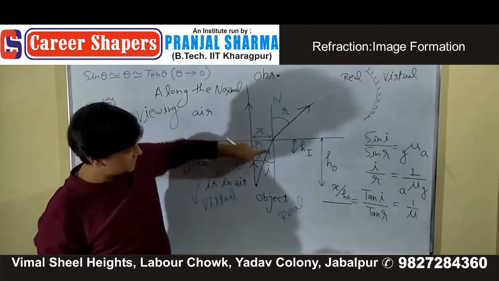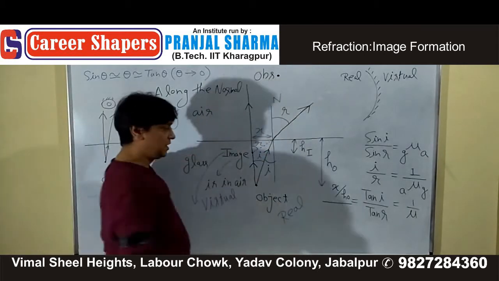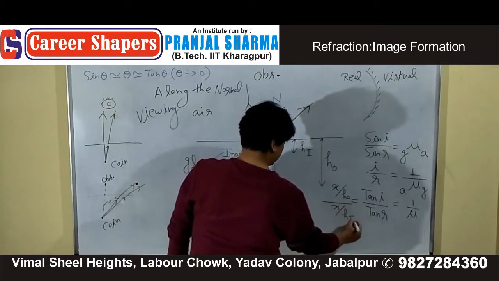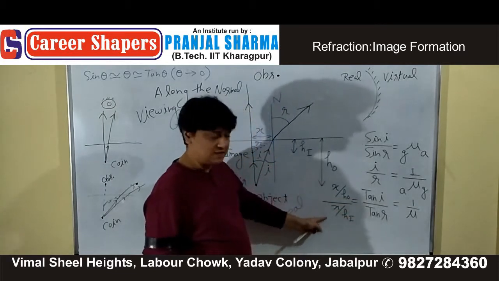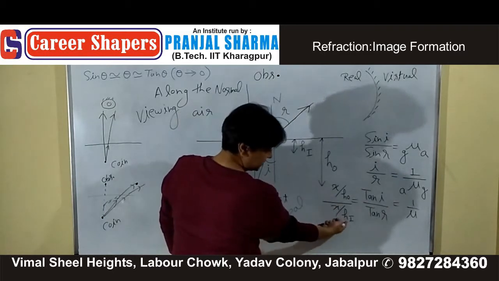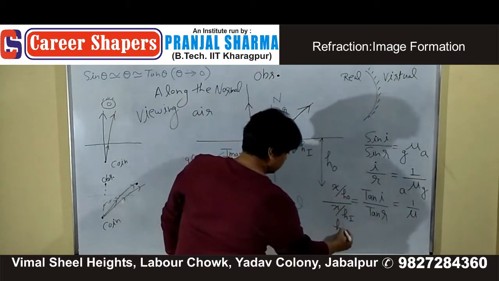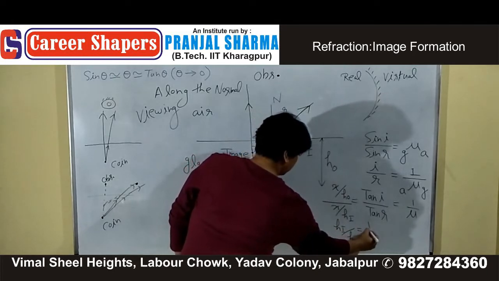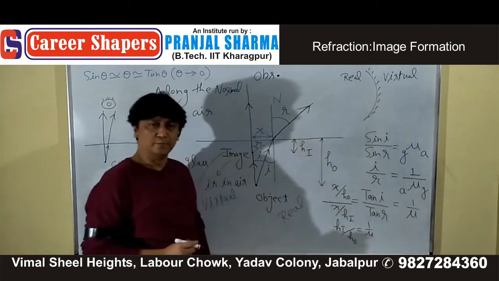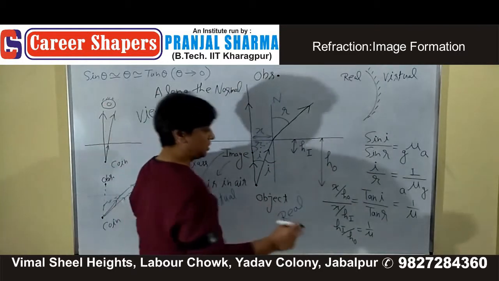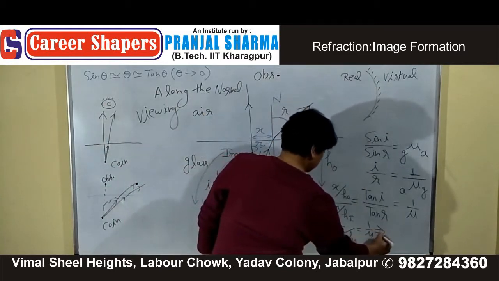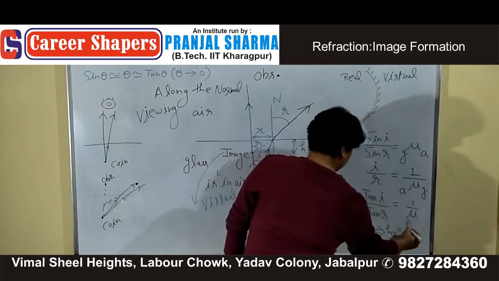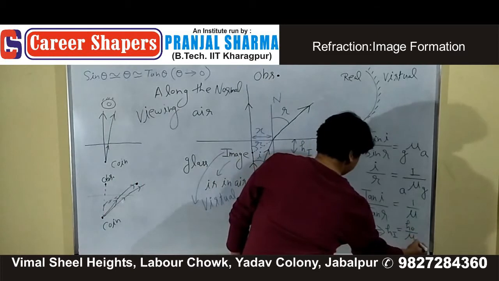What is this base length? HI, and therefore tan R becomes X upon HI. X and X cancel. This HI jumps into the numerator, and you get HI upon HO equals 1 upon mu, or you get HI as HO divided by mu.